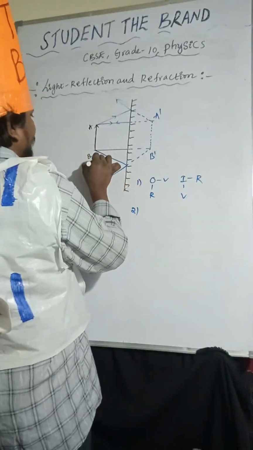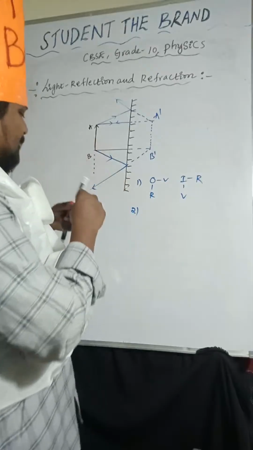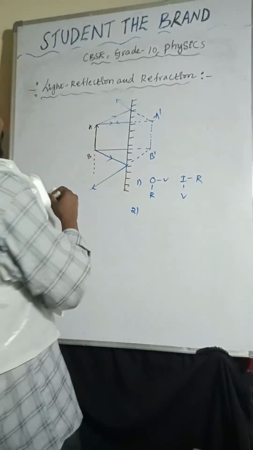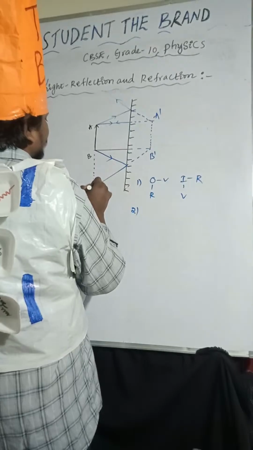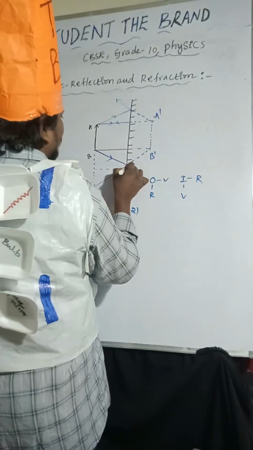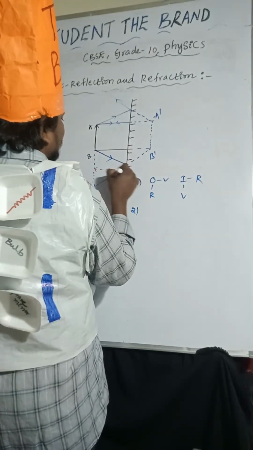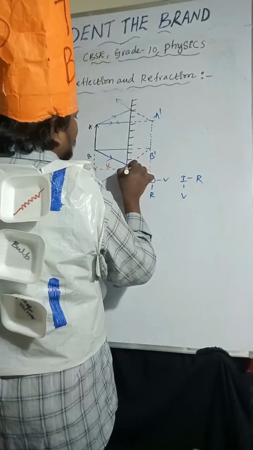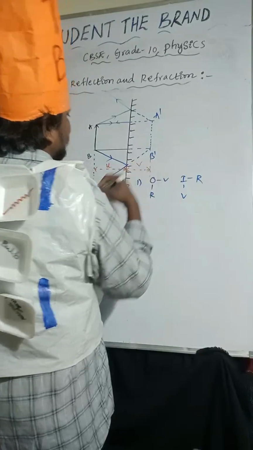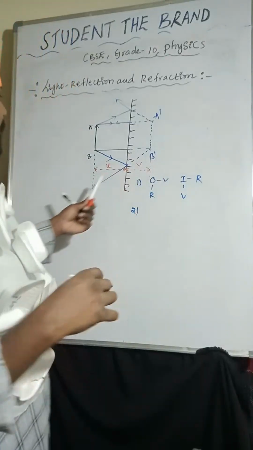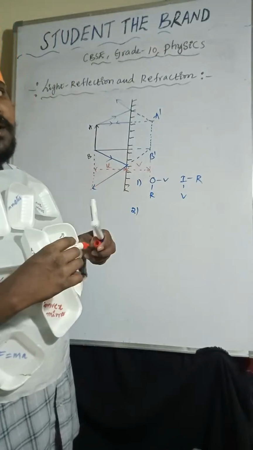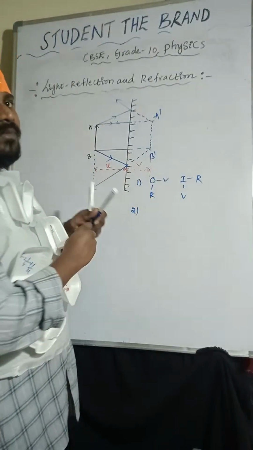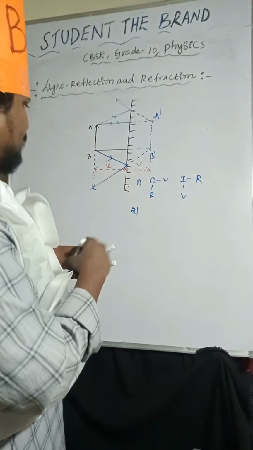Second point: the distance between object and mirror is called object distance, and the distance between mirror and image is called image distance.